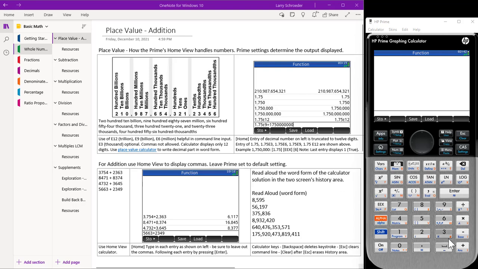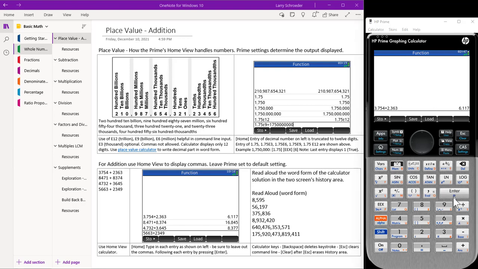So we'll just put in 3,754 with no commas, then our add sign, then our 2,363, and then we press enter, and we get the answer to be 6,117, like shown over here. Notice there's a comma in the result, and there's commas in the two numbers that we put in.